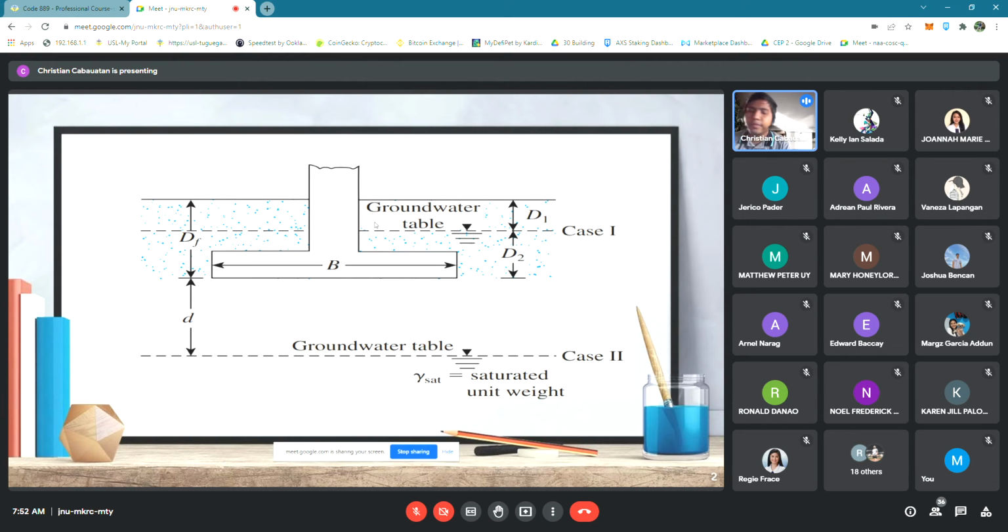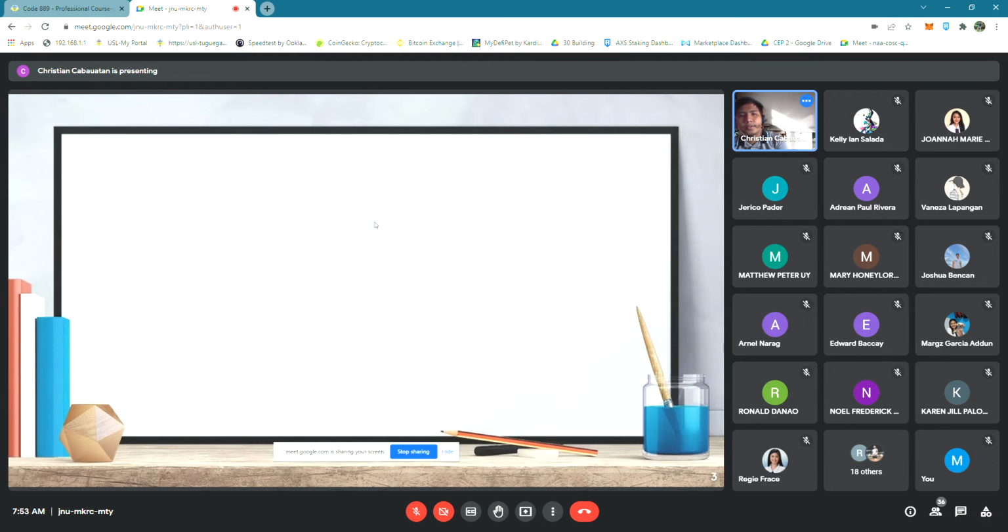However, if the water table is close to the foundation, as I said earlier, in case 3, some modifications of the bearing capacity equation will be negligible. So sometimes we do not consider it in that case. Why do we consider the water table?